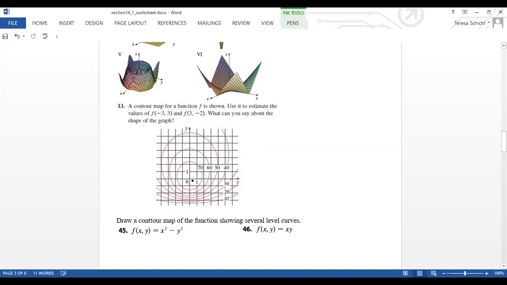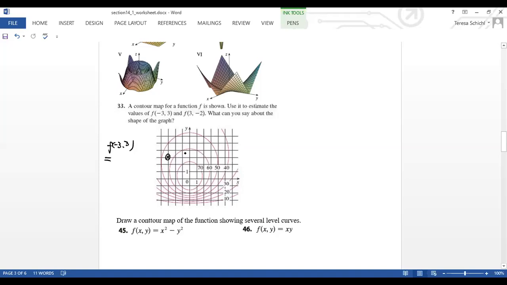So f of -3 and 3, that means x is equal to -3, so it's 1, 2, 3, and +3, 1, 2, 3. So it's this point, right? So this is the point. This is f of -3 and 3.